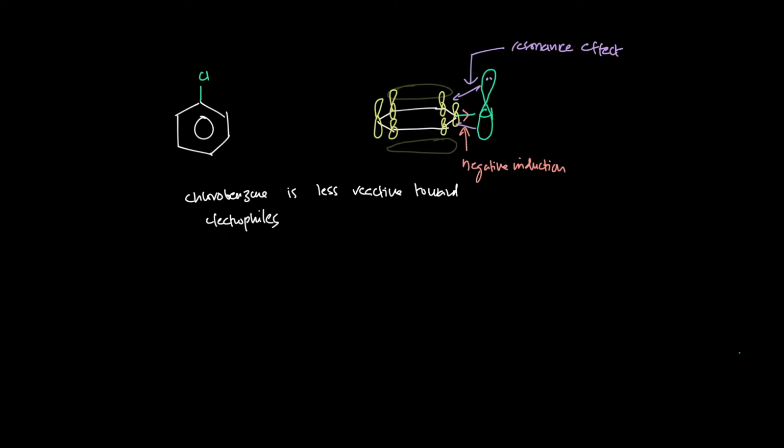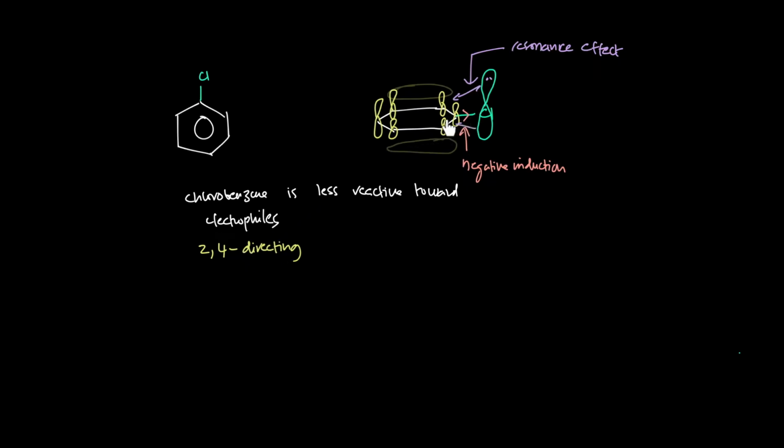However, because of this resonance effect, just like phenols, it is also 2,4 directing. But it's not as reactive towards electrophiles. As I mentioned before, usually the 2,4 directing groups are groups that make benzene more reactive. Chlorobenzene is one of the exceptions, because it has this resonance effect, which makes it 2,4 directing.